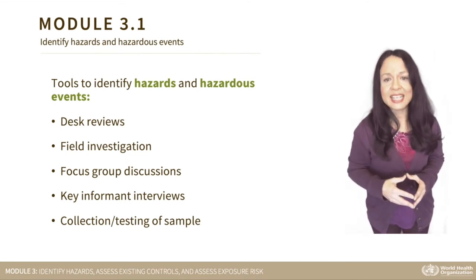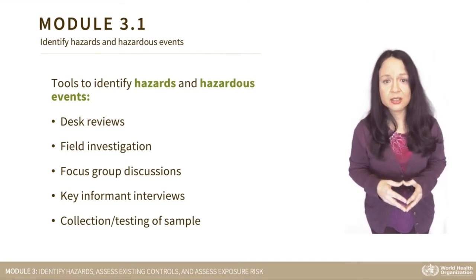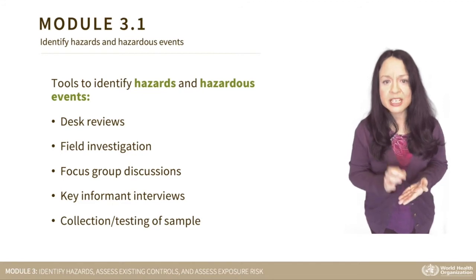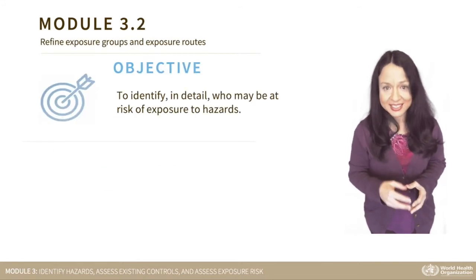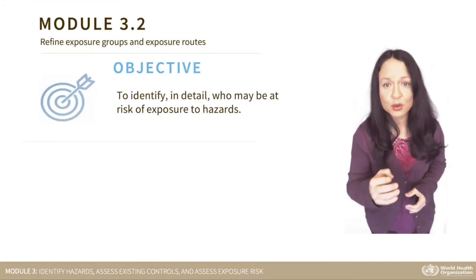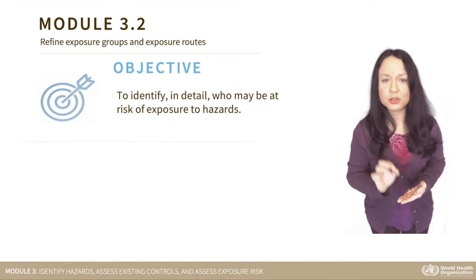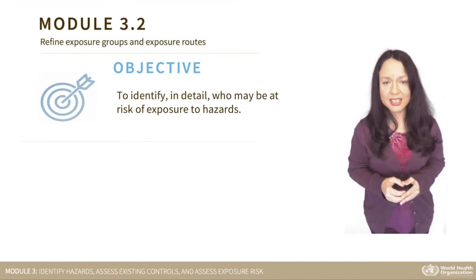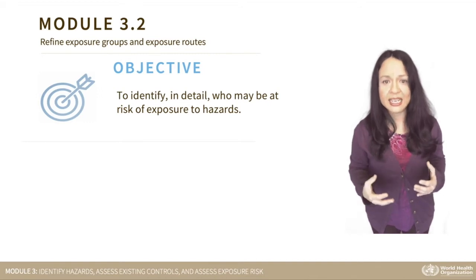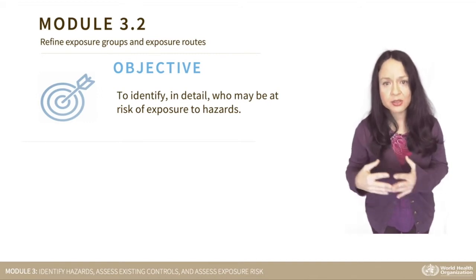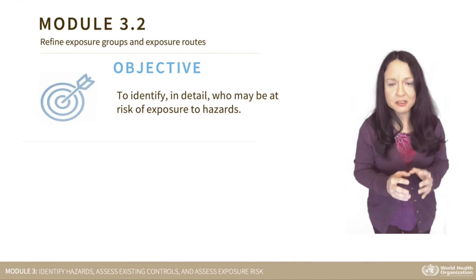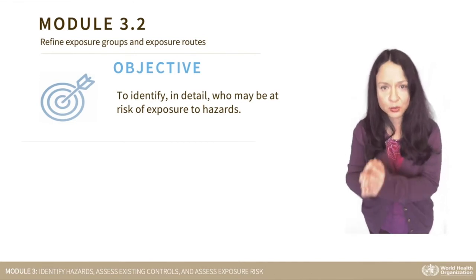After you have identified hazards and hazardous events, it is time to refine the exposure groups and define the exposure routes. This has the aim of identifying in detail who might be at risk of exposure to hazards. This helps to determine controls for hazardous events that are specific for each exposure group.